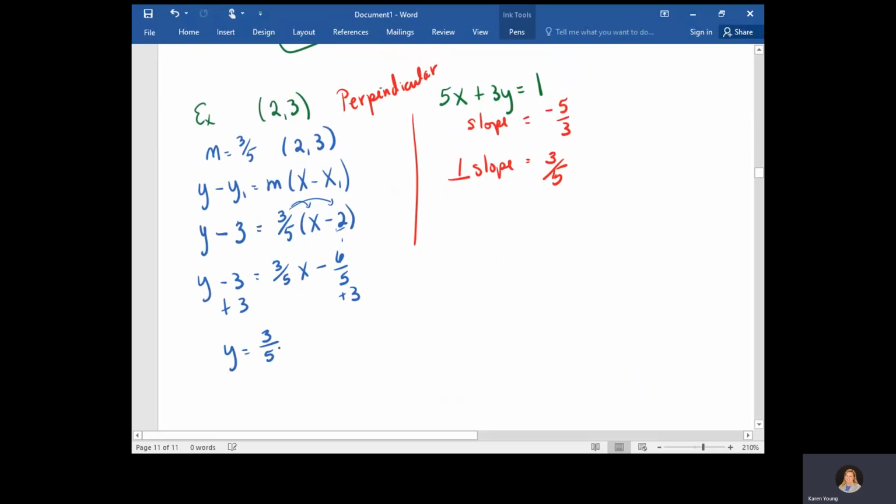So I have 3/5 x minus 6/5 plus 3 over 1. I have to have a common denominator, so I'm going to multiply the 3 over 1 by 5.